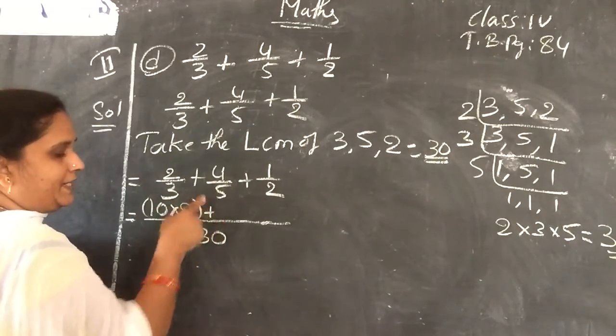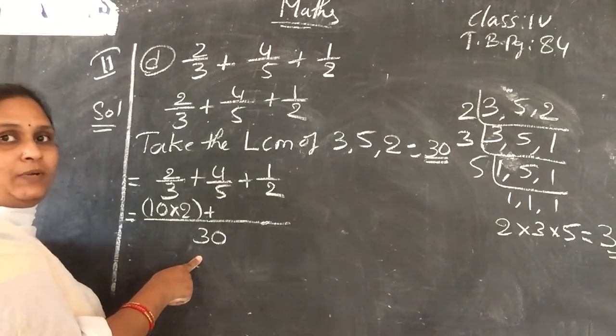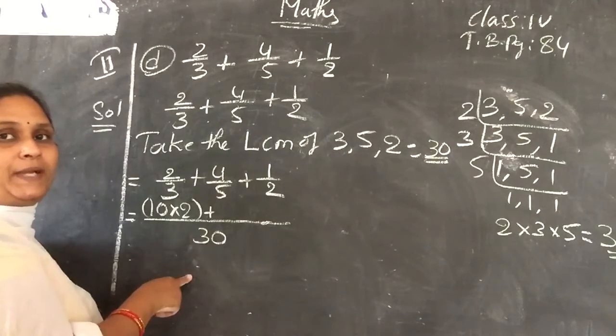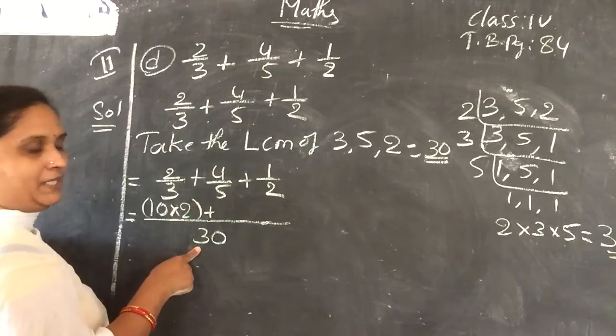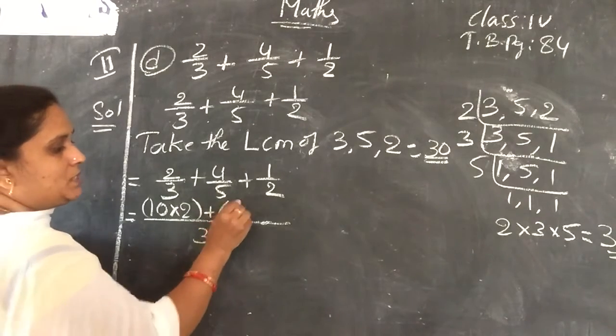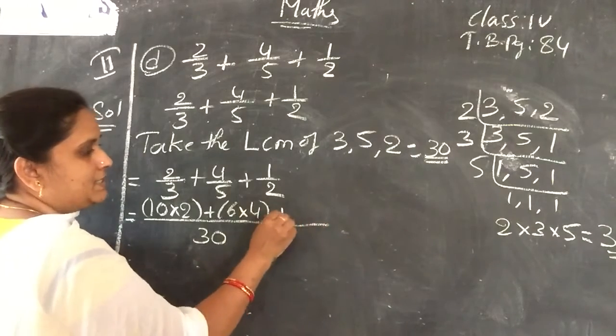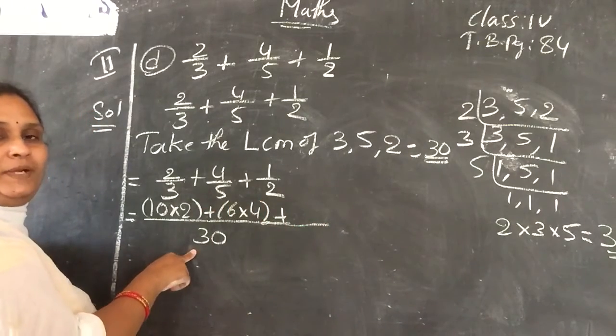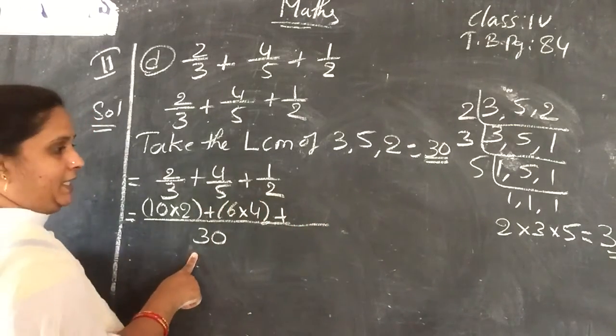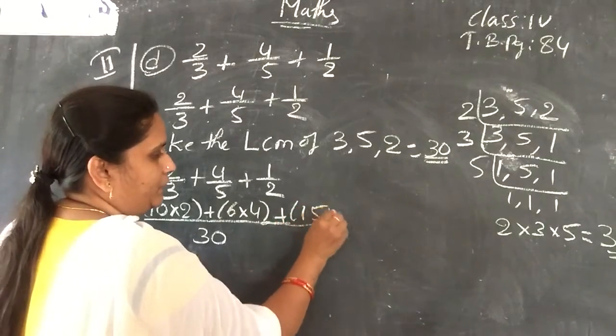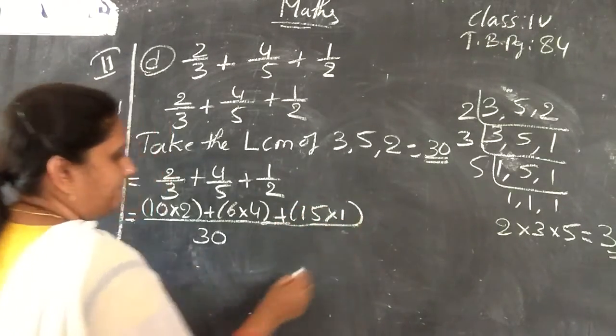Plus, in the 5 table, how many times does 30 divide? Directly I am doing it, children, without writing in the bracket. Yes, 6 times. So 6 into the numerator 4. Plus in the 2 table, 30 divides 15 times. So 15 into the numerator 1.